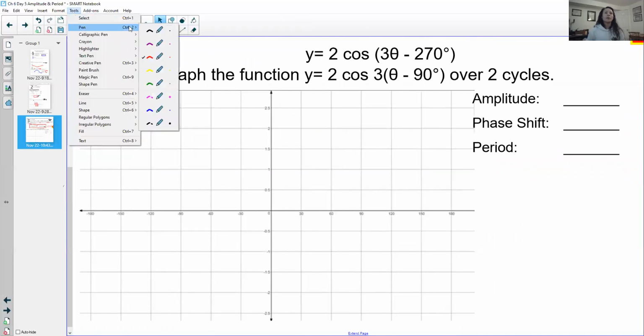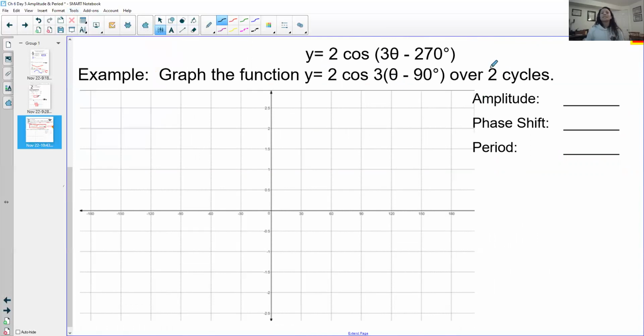Come on, pen tool, there we go, in black. So looking at this function, my amplitude, remember that's your A value, that is the height. So my amplitude was typically 1, but with cos, the A value changes our amplitude, so my new amplitude is 2. The phase shift, I know it says subtraction, that means it goes to the right.